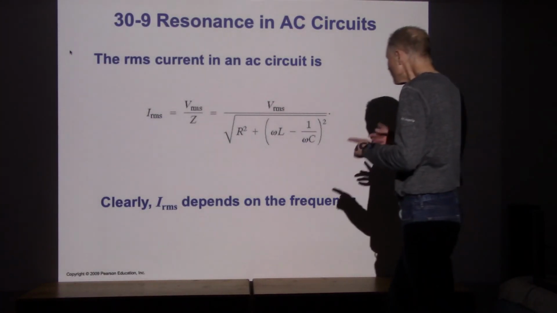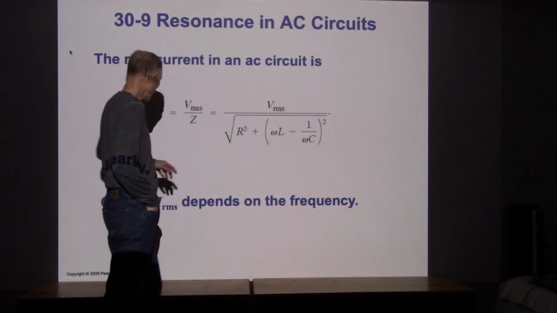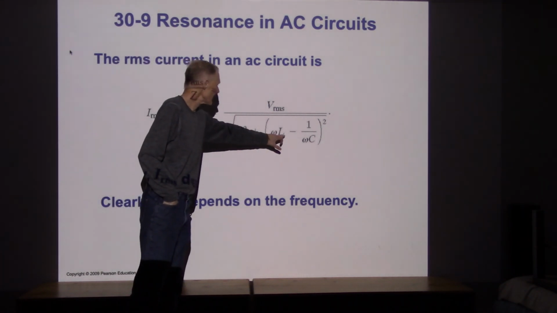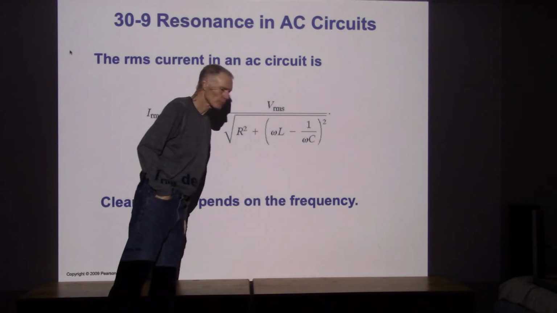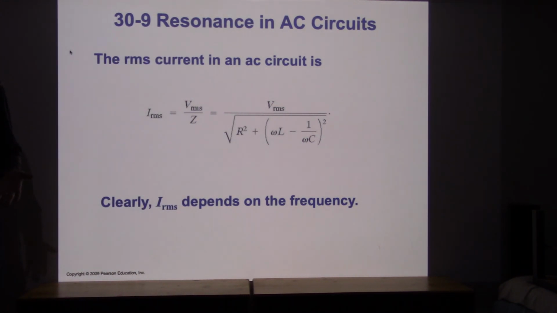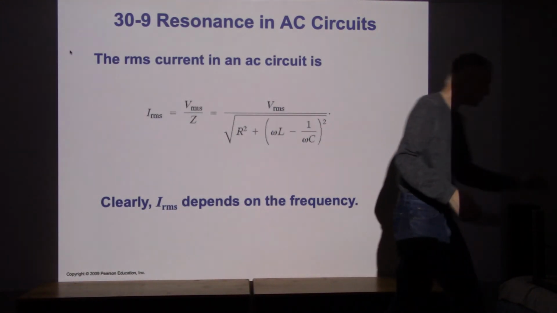Now, what they're pointing out here is that not only does Z depend on R and L and C, Z also depends on frequency. So depending on what frequency we operate a circuit at, we're going to have more or less current. We could actually, for example, take the circuit that we just looked at.